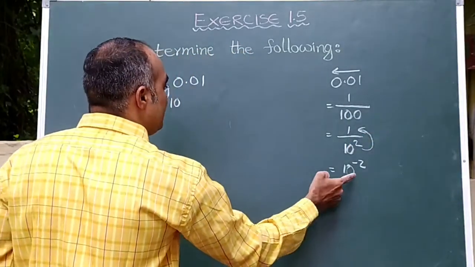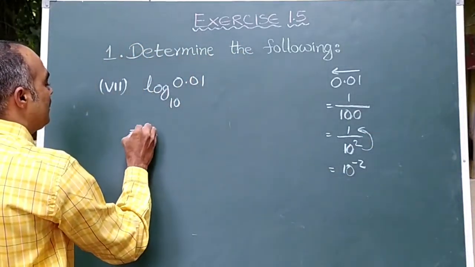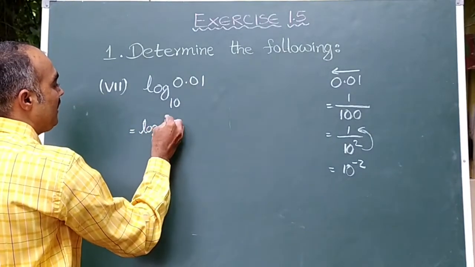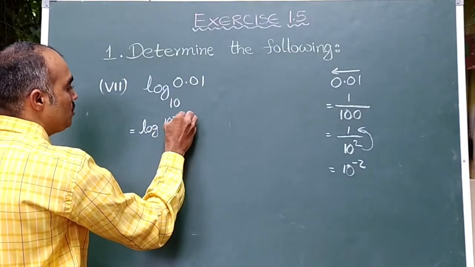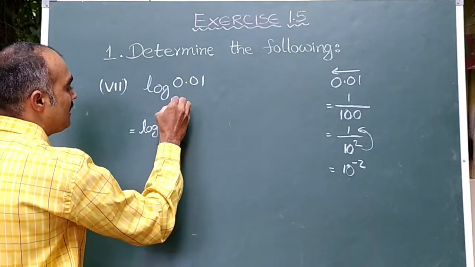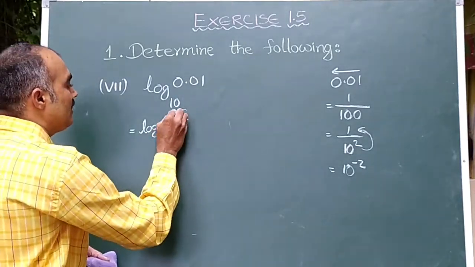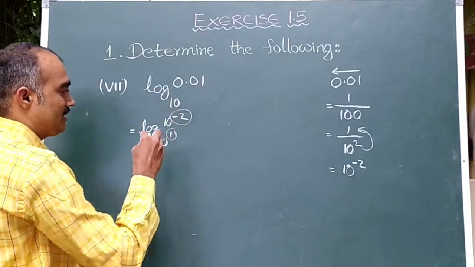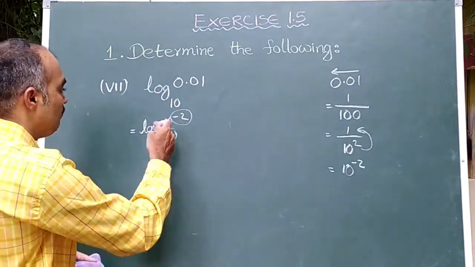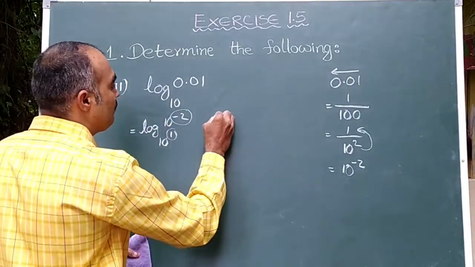So let us write this value here. So it is log 10 power minus 2 base 10 power nothing, means 1 is there. So here let us take values of these powers. So those powers come forward. Before that we should write a formula, right?